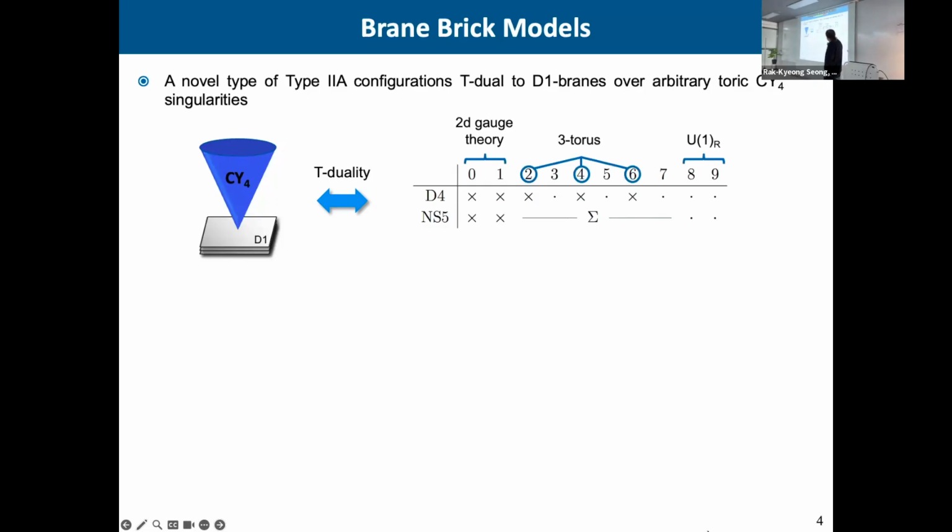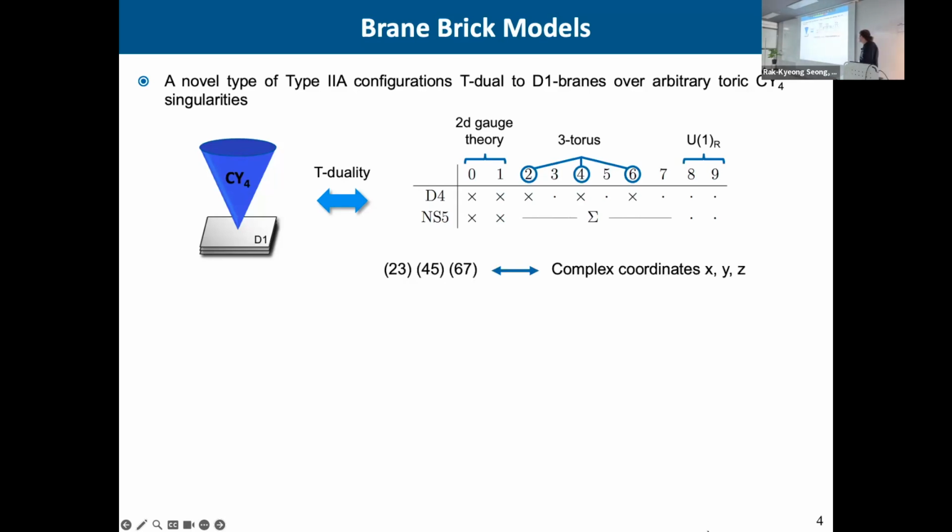So these 2 dimensions are the dimensions in which the gauge theory lives. For me, 2, 4, and 6 are going to be such that they live on a torus. And the whole configuration is point-like on the 8-9 plane. So you have a rotational symmetry there that corresponds to the U(1)_R symmetry of the gauge theory.